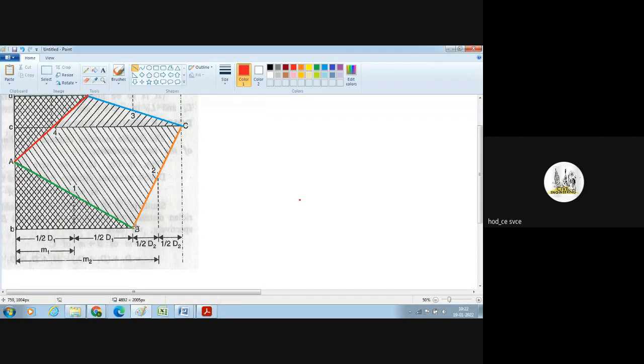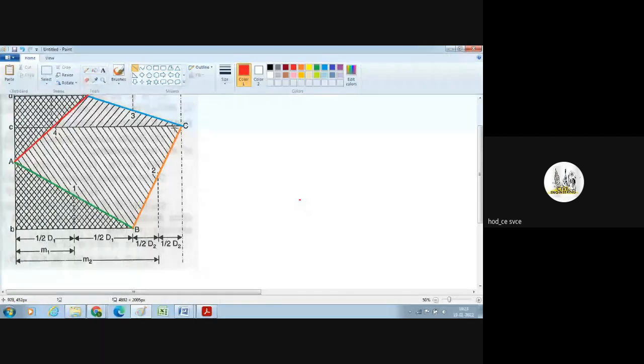So there is D1. At the point of A it is 0, right? So that's why I am not going to consider from the B point itself for the line of A to B. That is the distance D1. Since it is half, only half of D1 is what I call the meridian distance.